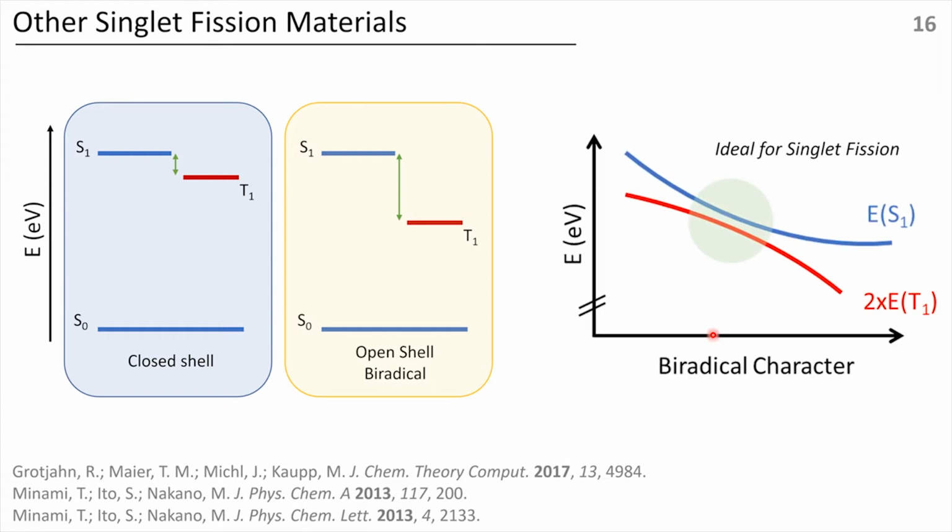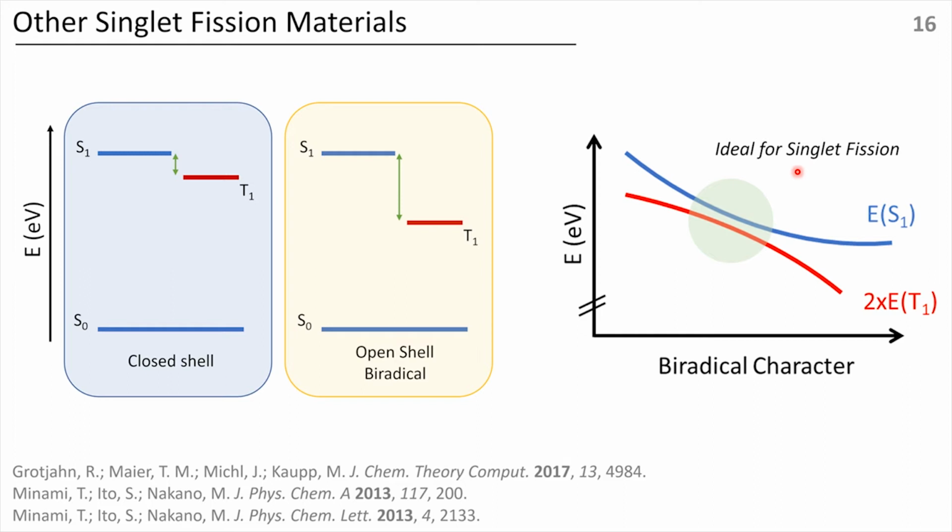And again, all of these diagrams are homemade, by the way. I just made them in PowerPoint, right? And I highlight that, well, some work has been done by Nakano's group, which has shown that there is an ideal range for these so-called biradical molecules to actually undergo singlet fission, right?